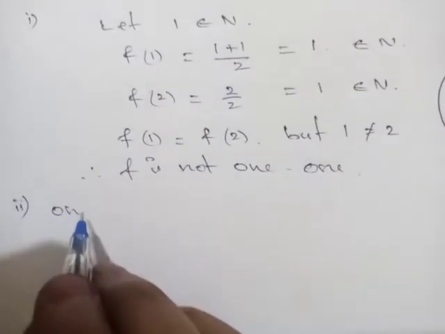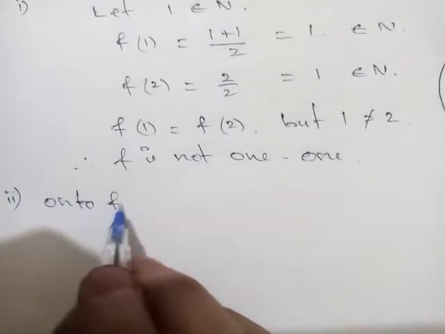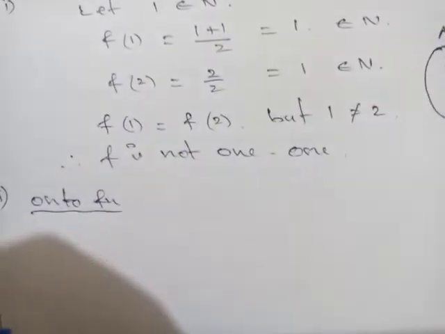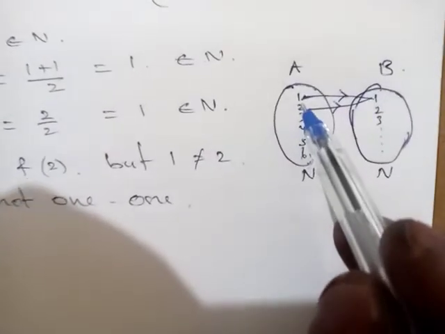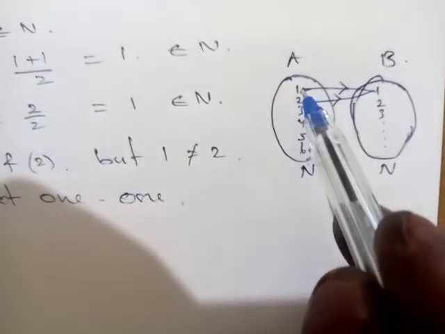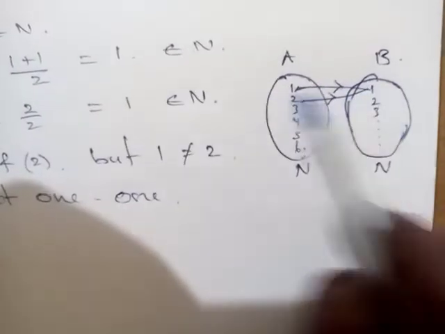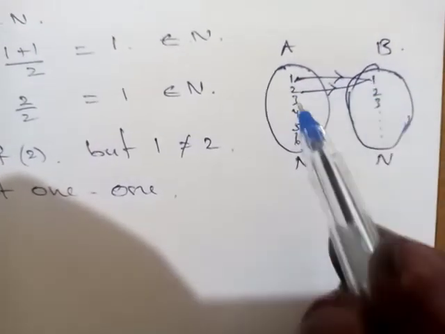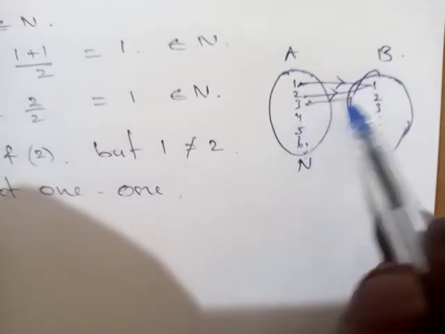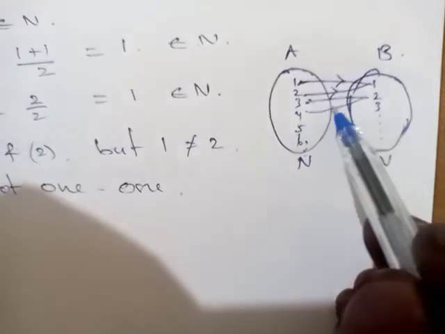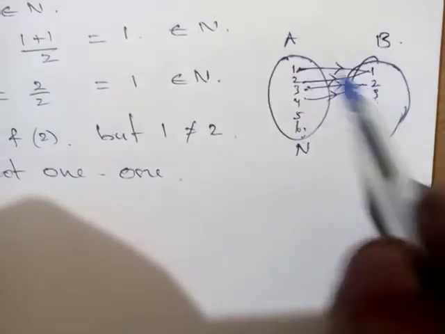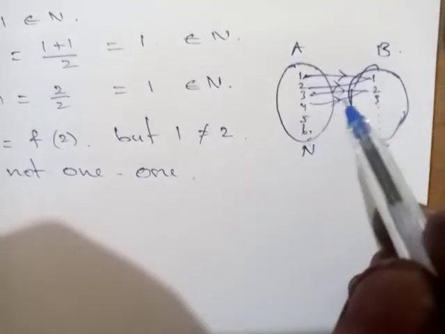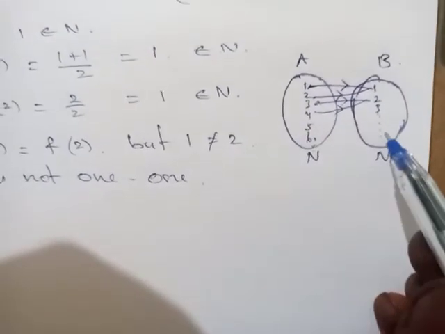So to check whether it is onto or not, see that for each and every element, image of 1 is 1, image of 2 is 1, image of 3 becomes 2, 4 becomes 2. So each and every element in this codomain has two pre-images. At least one pre-image means then it is onto.